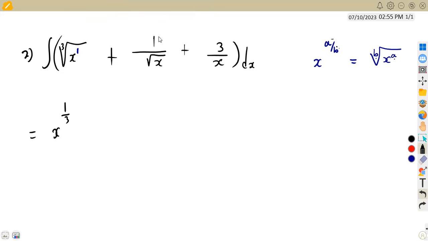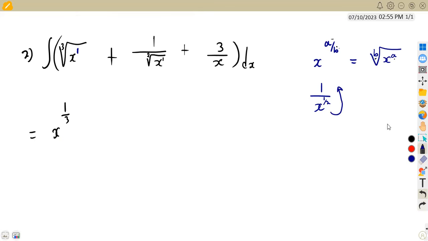All right, then we've got 1 over the square root of x. From the same concept, the square root simply means that there's a 2 here, and this is a 1. So we are supposed to have this as 1 over x to the exponent of a half. But we want to write it as x to the exponent of, not 1 over. So we have to write this on top.